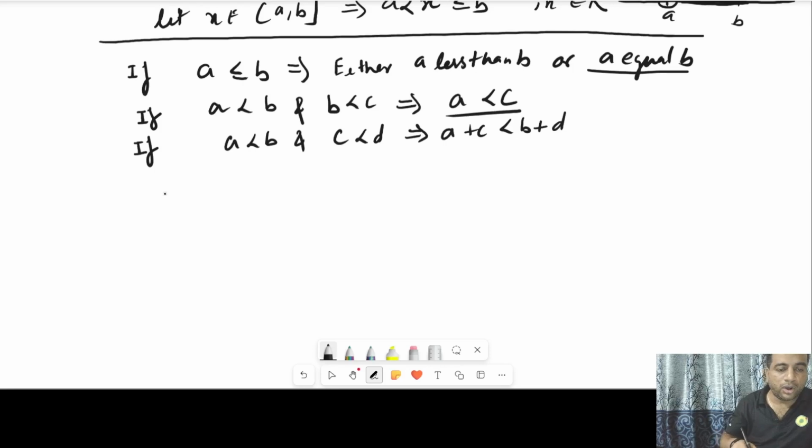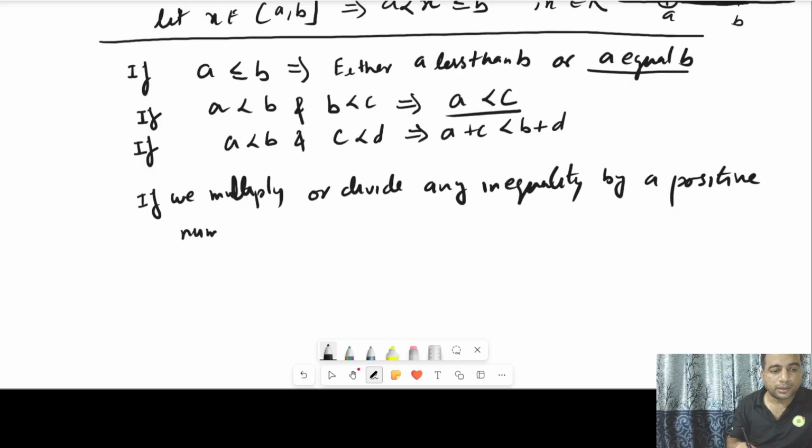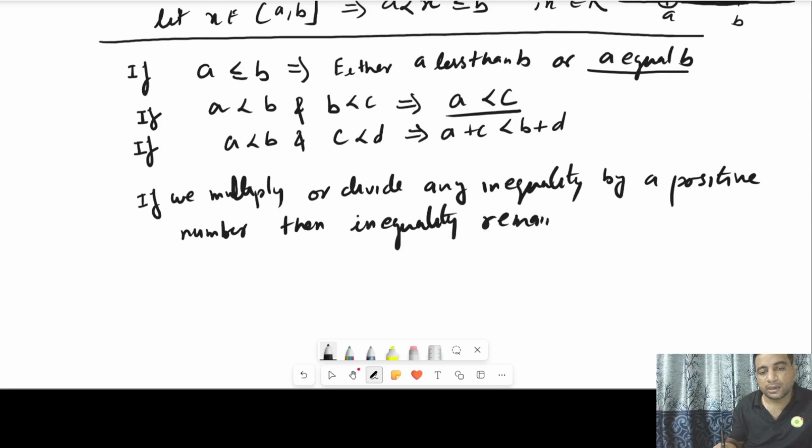If we multiply or divide any inequality by a positive number, then the inequality remains unchanged.